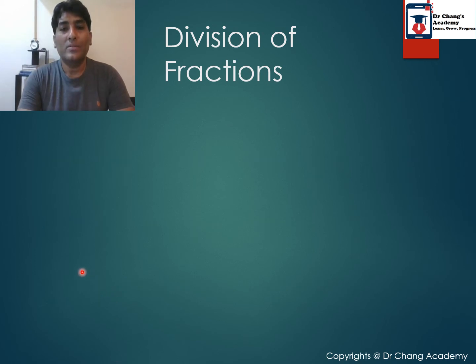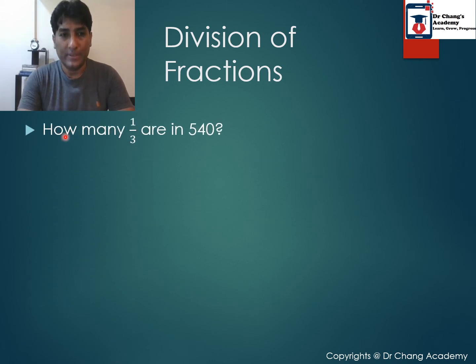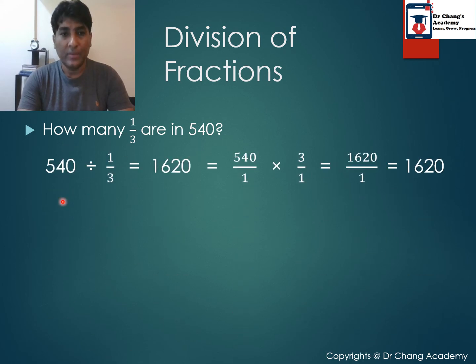All right, so let's look at some real life examples. How many 1/3s are in 540? We may get this kind of problem in many situations. Simply, we can solve this by dividing 540 by 1/3 or 1 over 3. Or in other words, we are saying how many times we can subtract 1/3 from 540, and the answer is going to be 1620.